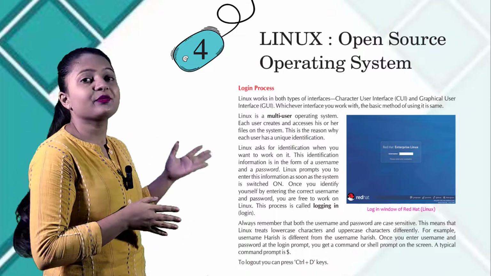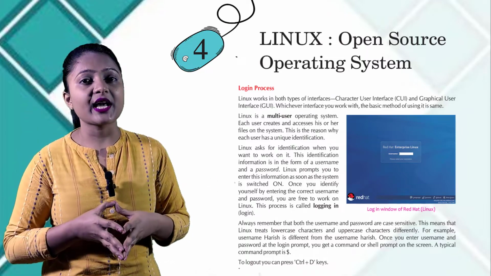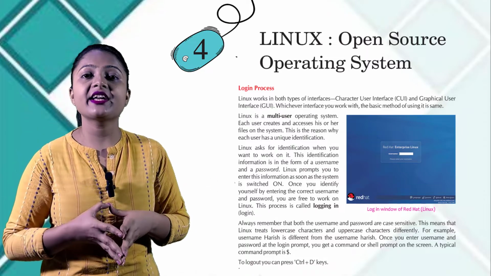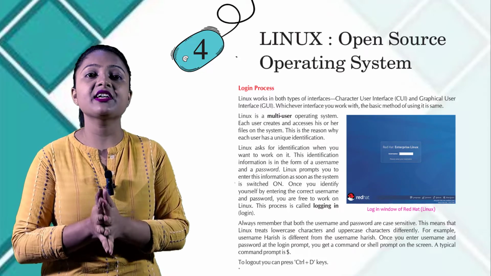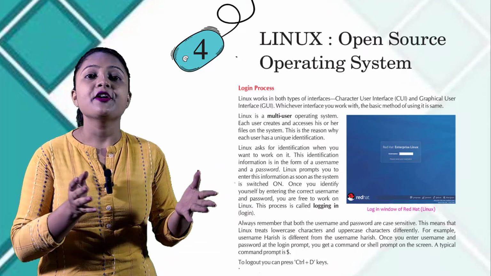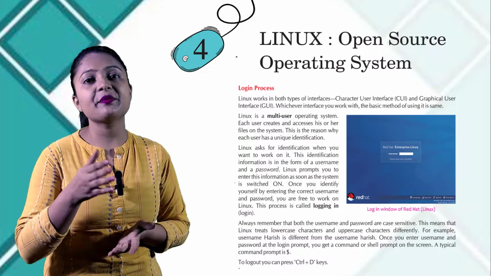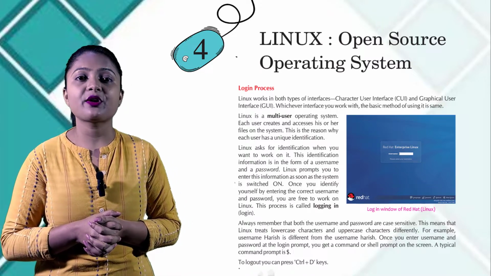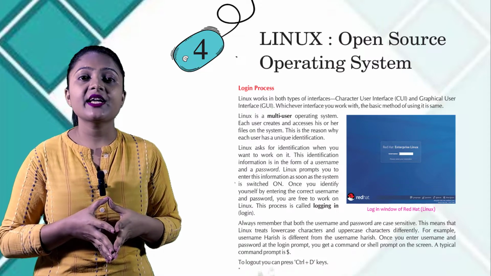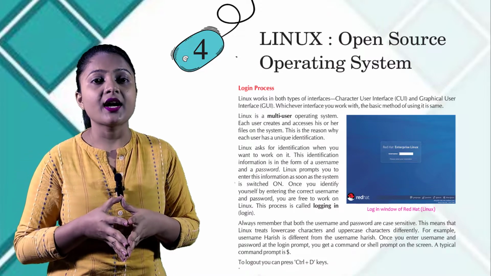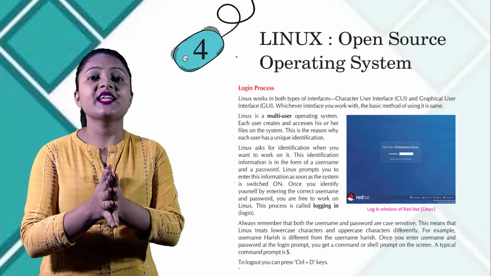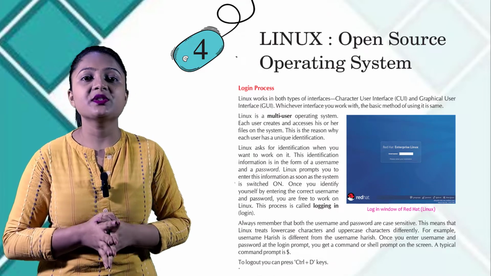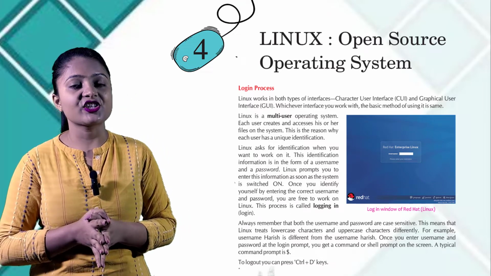Login process. Linux works in both types of interfaces, character user interface (CUI) and graphical user interface (GUI). Whichever interface you work with, the basic method of using it is the same. Linux is a multi-user operating system. Each user creates and accesses his or her files on the system. This is the reason why each user has a unique identification.